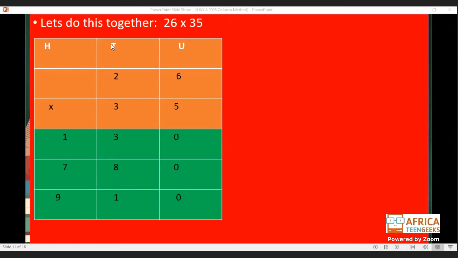Continue counting. It's not 25. Let's count together: 5, 10, 15, 20, 25. 5 times 6, Zoe, it's not 5 times 5. It's 30. And what do we write down?